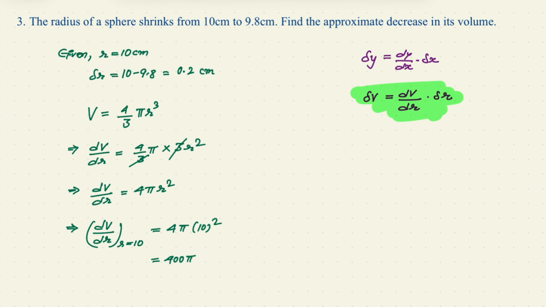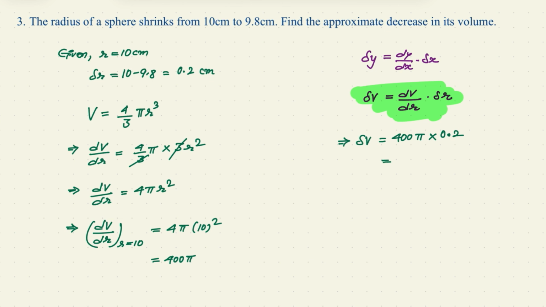Now we will be using this particular formula, that is, what will be the change in volume when there is a change in radius. Since we have got all the values, del V will be equal to dV by dr, which is 400 pi, into the change in radius, which is 0.2 centimeter.